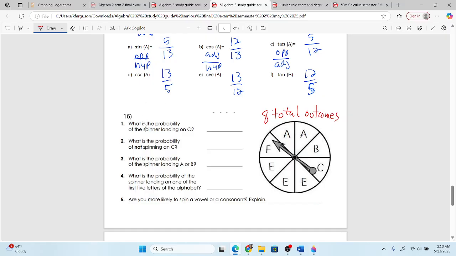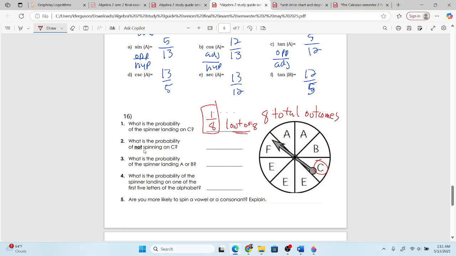What is the probability of the spinner landing on a C? Well, how many C's do we got? 1. So that's 1 out of 8. I wouldn't trip if you wrote it like this, but if you're in a spot where you need to reduce, you still have to reduce. So that's why it's better to write it as a fraction or ratio.